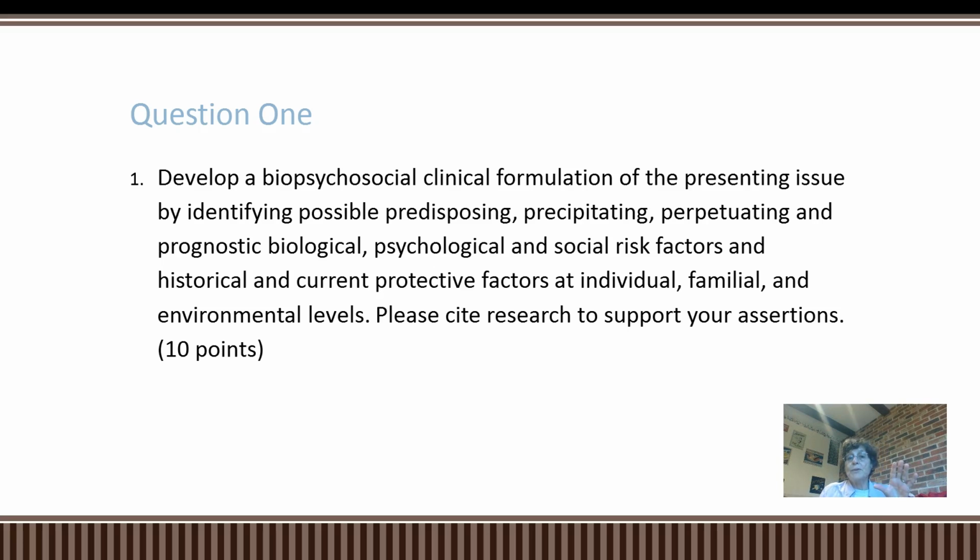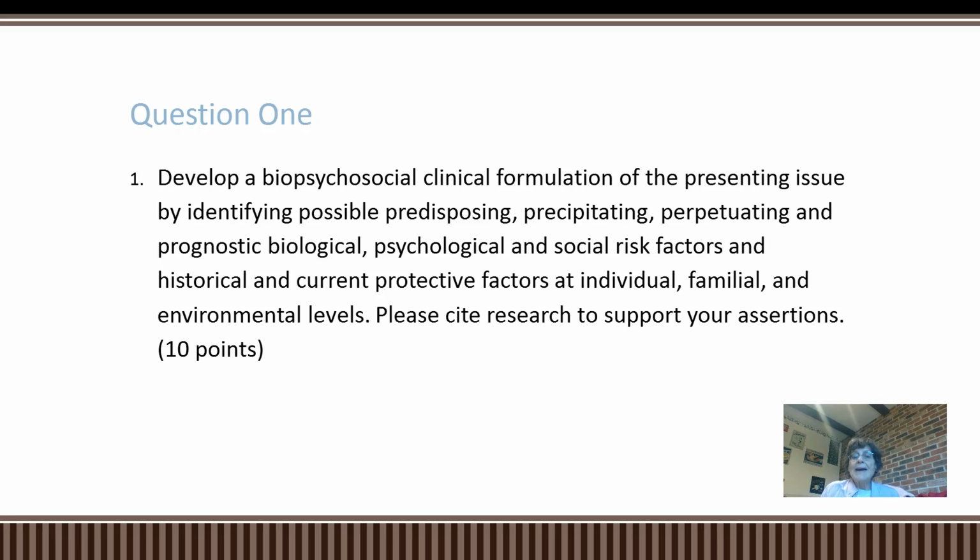When you do each of those factors, as you did for the session 4 in-class assignment, think about it as a biopsychosocial assessment, where you're looking at biological predisposing, psychological predisposing, and social predisposing. Now, there might not be all 3 of those in every case, but at least do your best to assess for them and identify them when they are present.